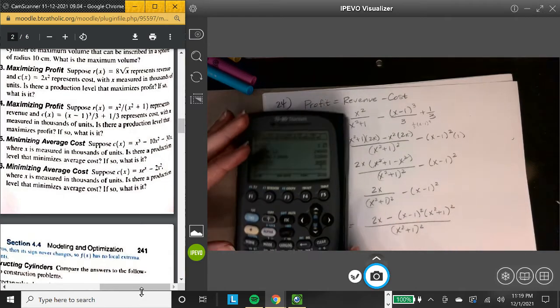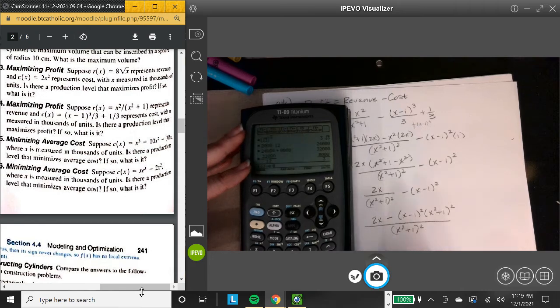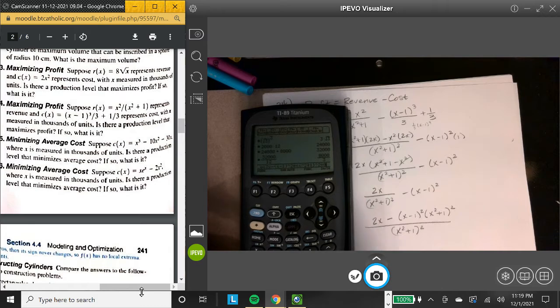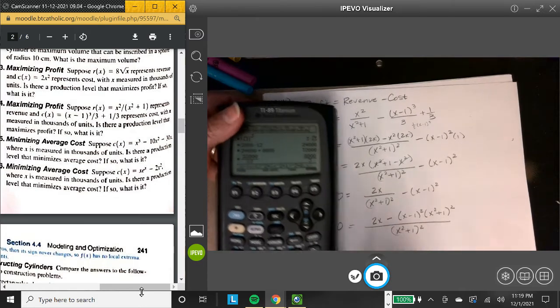So how do we do that? We're going to say F2, solve, the 2x minus parentheses x minus 1 raised to the second times x to the second plus 1 raised to the second equals 0, comma, solve it for x, close parentheses, boom, enter. And so hopefully we'll get an answer here.